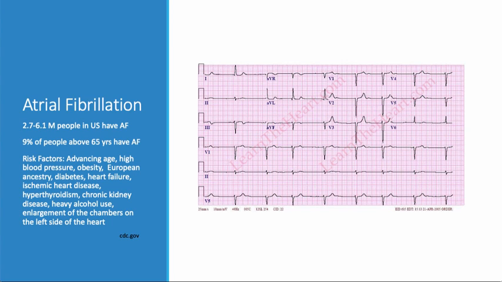But everybody knows the most annoying dysrhythmia is atrial fibrillation. We deal with it constantly, and it's just a major pain in the neck. Not only is it a pain to deal with, but it also has some pretty serious association with stroke.